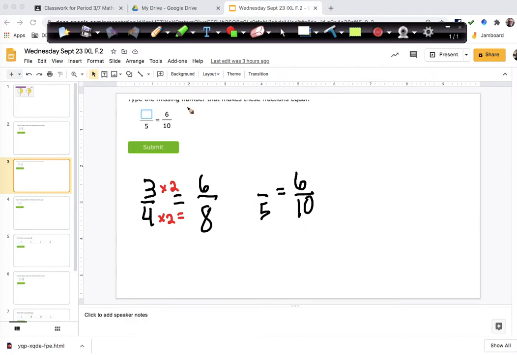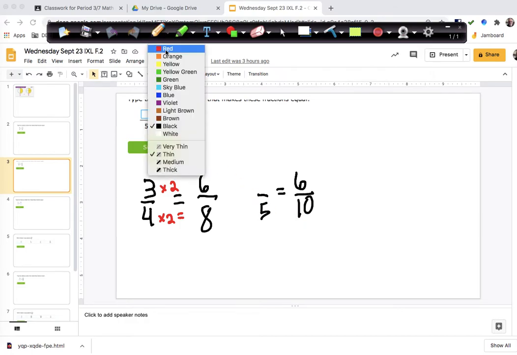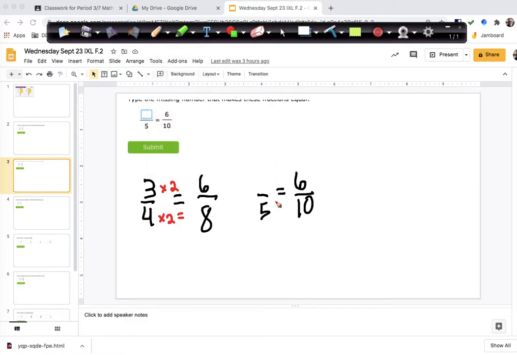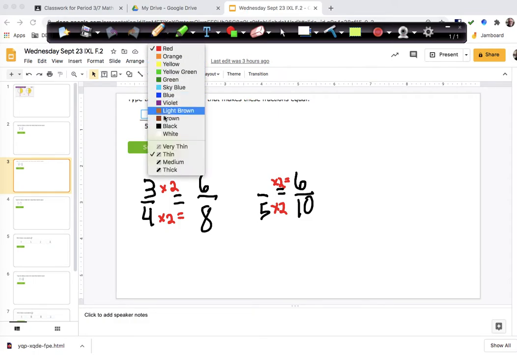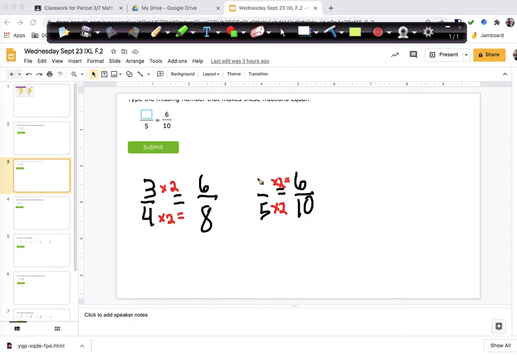So then we thought 5 times what is equal to 10. So 5 times 2 is equal to 10. So we kind of had to work backwards here and think what number times 2 is equal to 6. So 3 times 2 is equal to 6. So the answer in this case would be a 3.